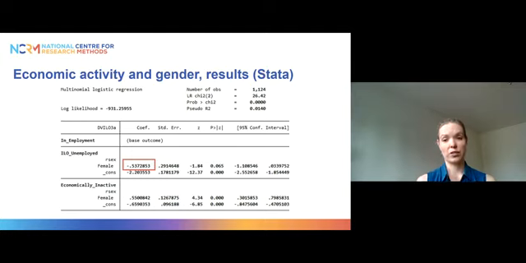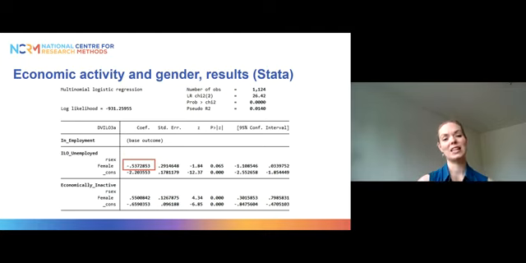we have one explanatory variable, which is gender. Man is the reference category and woman is the category that we see here. And we see that there is a negative effect for being woman and being unemployed. So that means that women are less likely to be unemployed rather than in employment when we compare women to men.